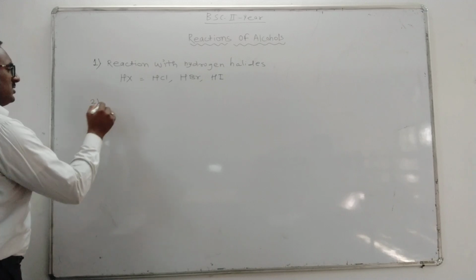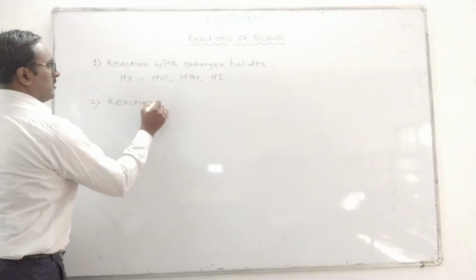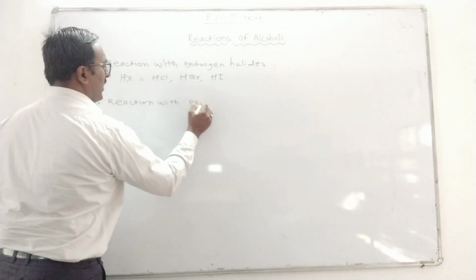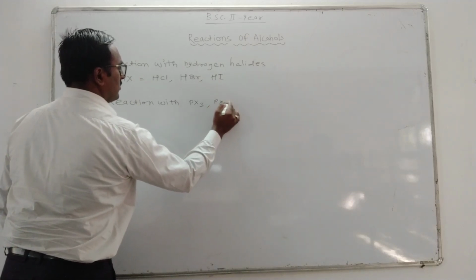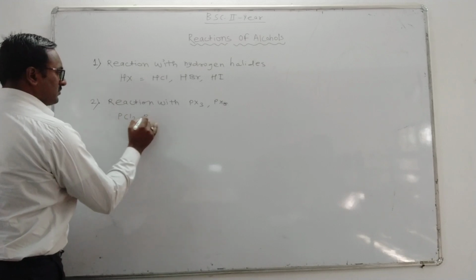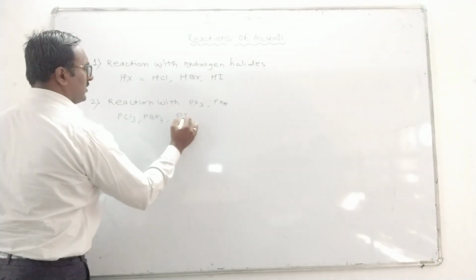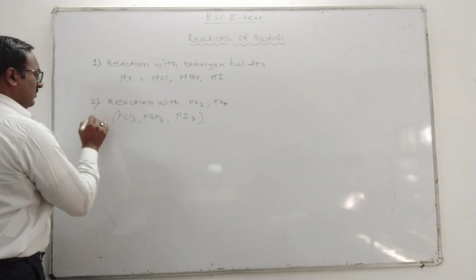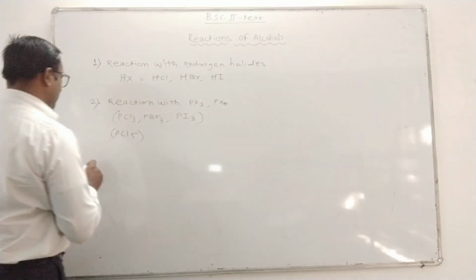Then the second reaction is the reaction with PX3 and PX5. It may be PCl3, PBr3, PI3, and PX5 may be PCl5.